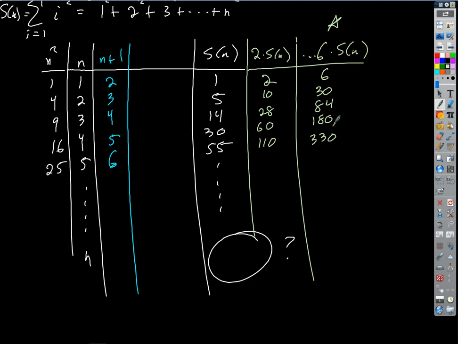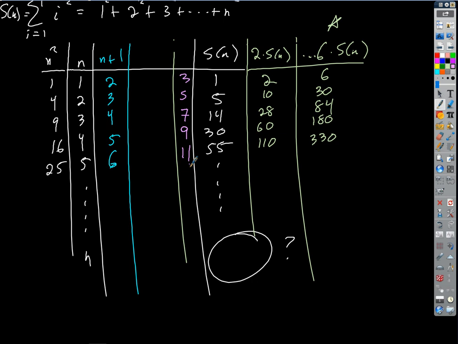What do you need to multiply by here? 1 times 2 times what is 6? 3. 2 times 3 times what is 30? 3 times 4 times what is 84? Okay, do you see a pattern? 4 times 5 times what is 180? It's 2n plus 1. That column is 2n plus 1.